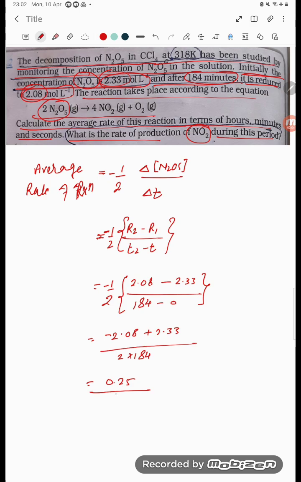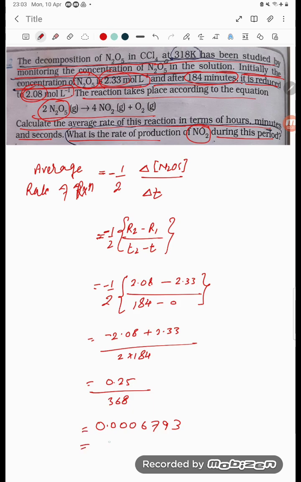So it is going to be 368. What you can do is 0.25 divided by 368. So its value is coming 0.000679. You can round it out.